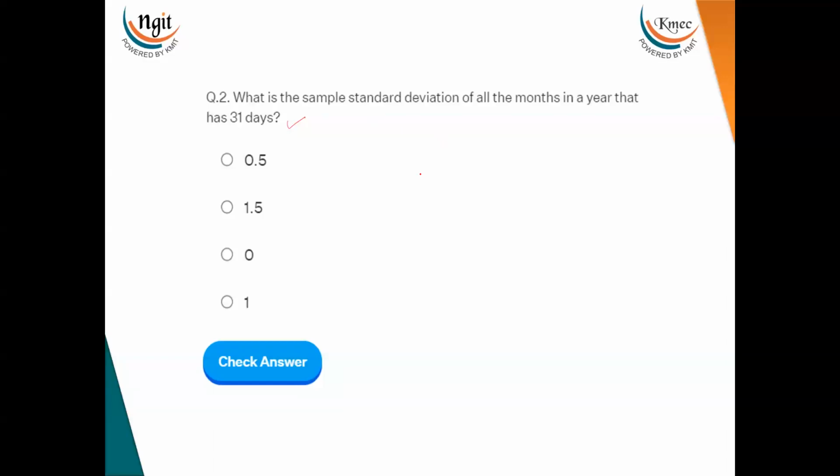In a year of 365 days, how many months do we have with 31 days? Those will be the sample data set. Calculate, and for that find the sample standard deviation and check what the answer is. These are the 2 practice questions.